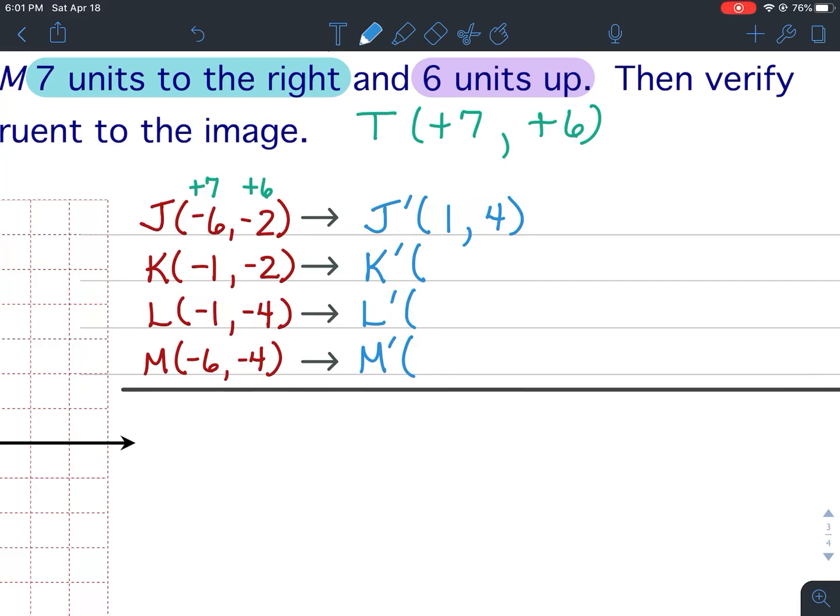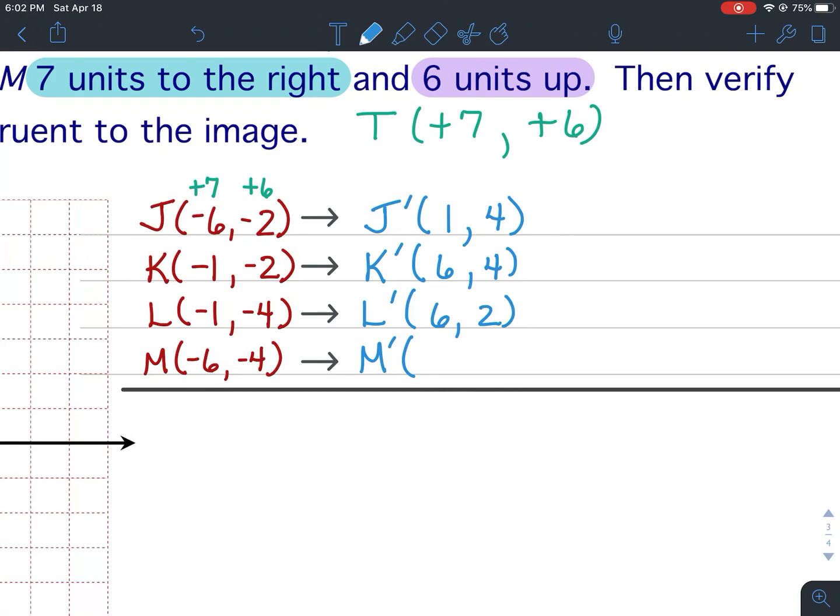For K to K prime, negative 1 plus 7 is 6. Negative 2 plus 6 is 4. For L to L prime, negative 1 plus 7 is 6. Negative 4 plus 6 is 2. Oops, forgot to close my parentheses of K prime.